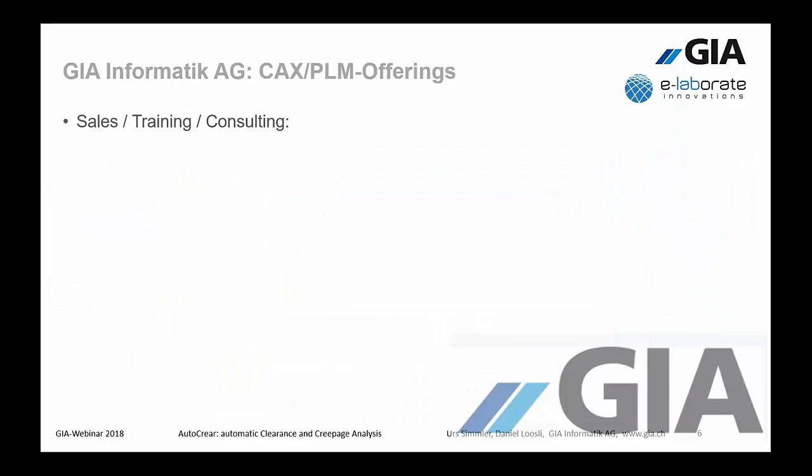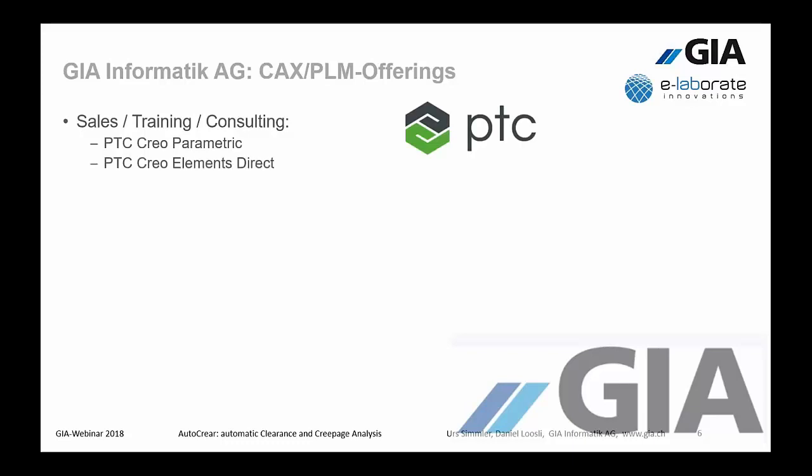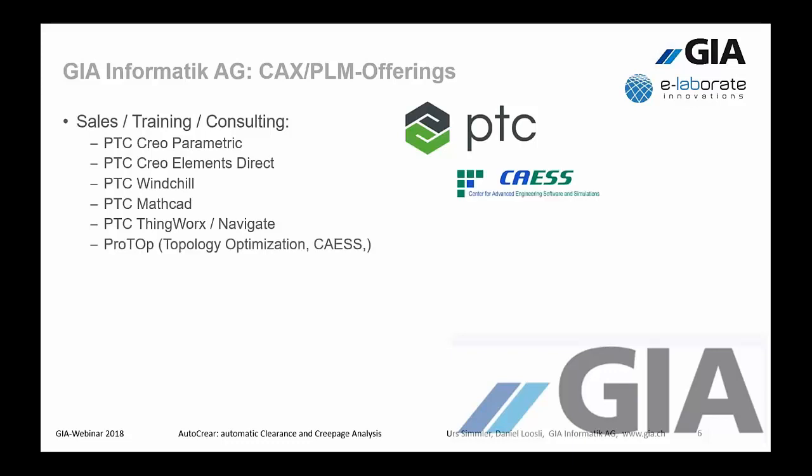In the CAD and PLM environment, we're doing training and consulting, and as today, we are also doing some sales presentations. In the environment of PTC, we work with the products Creo Parametric, Creo Elements Direct, Windchill, Mathcad, ThingWorx and Navigate, and other products from PTC.